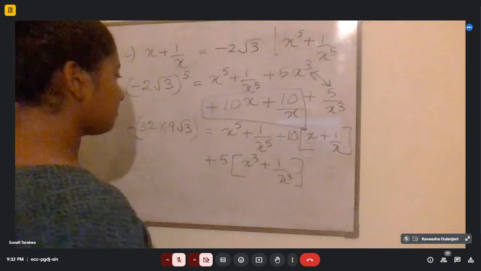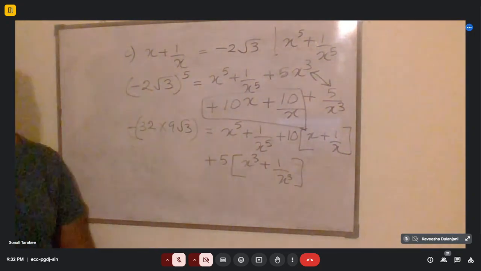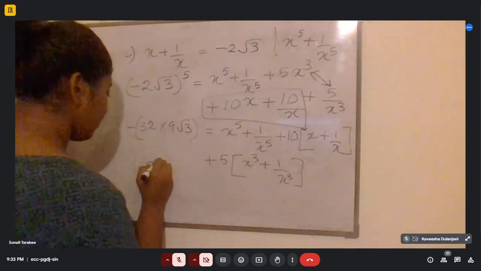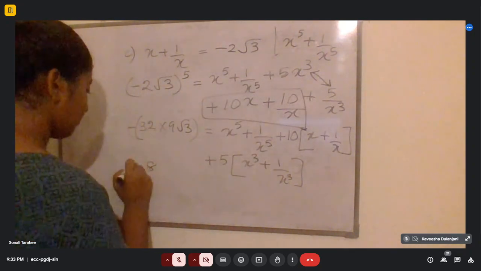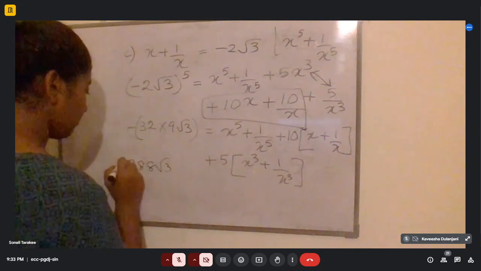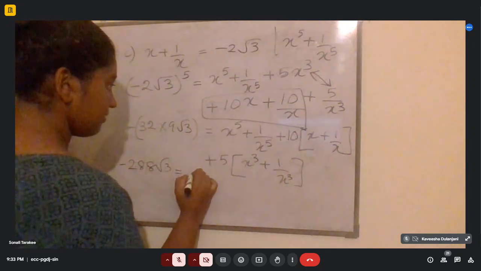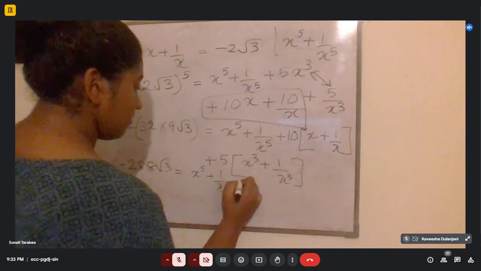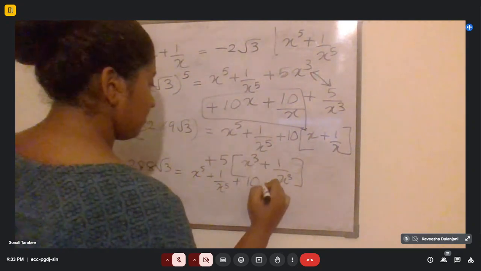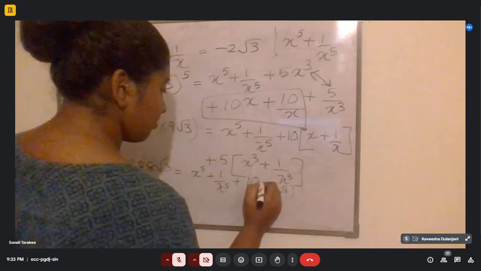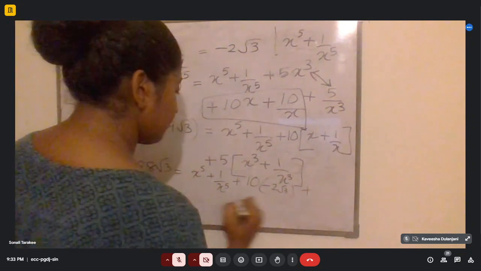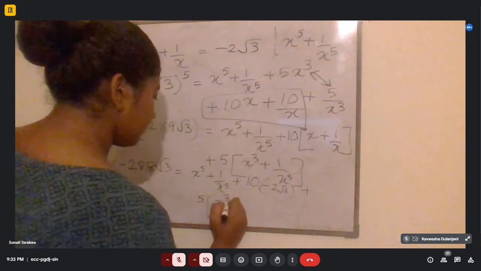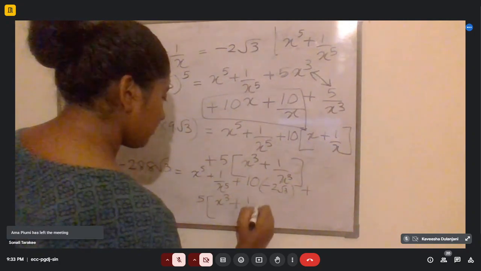Now we have to simplify this one. Equals x to the power 5 plus 1 over x to the power 5 plus 10 times minus 2 over root 3, minus 2 root 3, plus 5 times x to the power 3 plus 1 over x to the power 3.